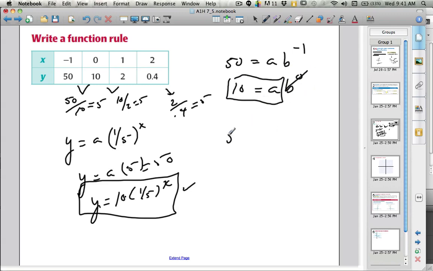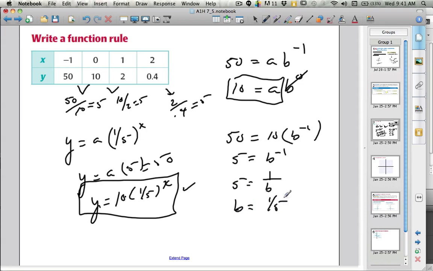And if I plug 10 into this model, if I divide by 10, 5 is equal to b to the -1 power, right? So if I have 5 is equal to 1 over b, and I multiply both sides by b and divide both sides by 5, I get b is 1/5. Okay, so I could do it in a more formal mathematical way, or I can do it by just sort of rationing things out.